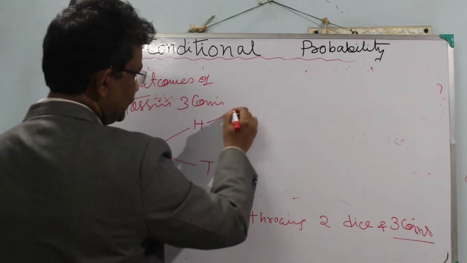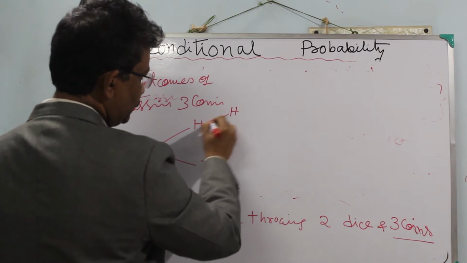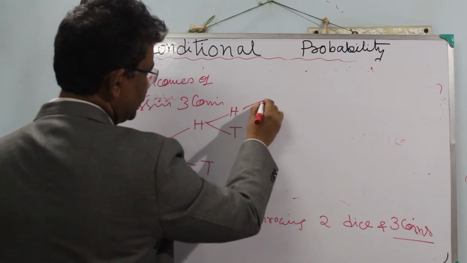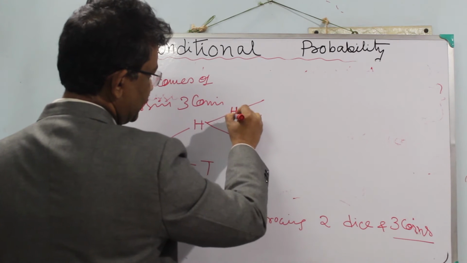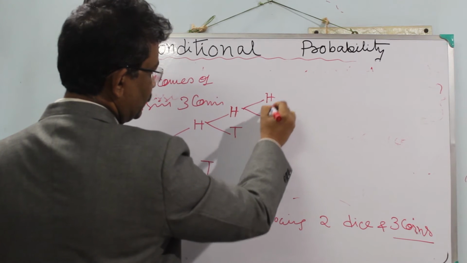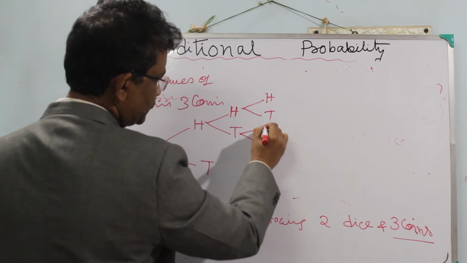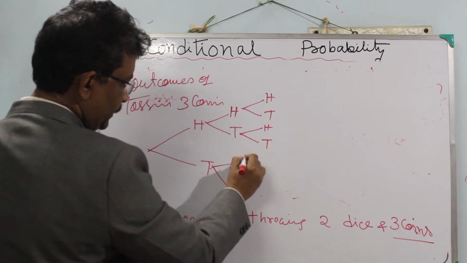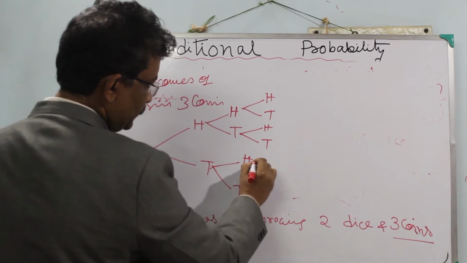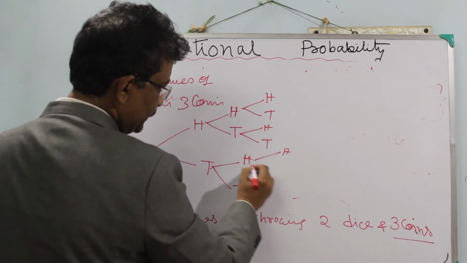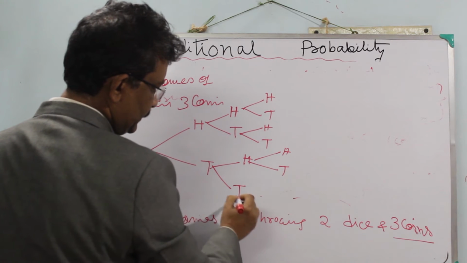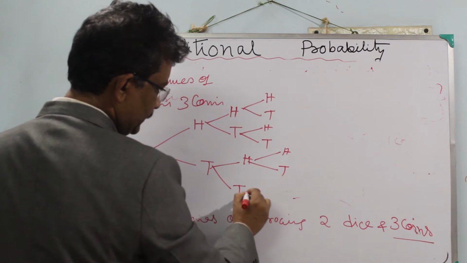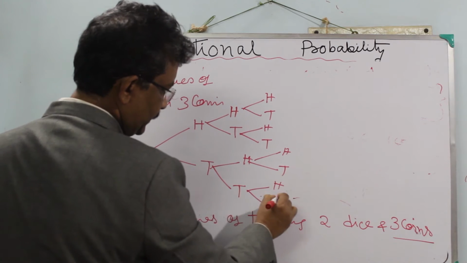Then again from head I will get head or tail. Then again from this branch head or tail. From this branch head or tail. From this branch tail, head and tail. From this again head and tail. Head and tail. From this head and tail.